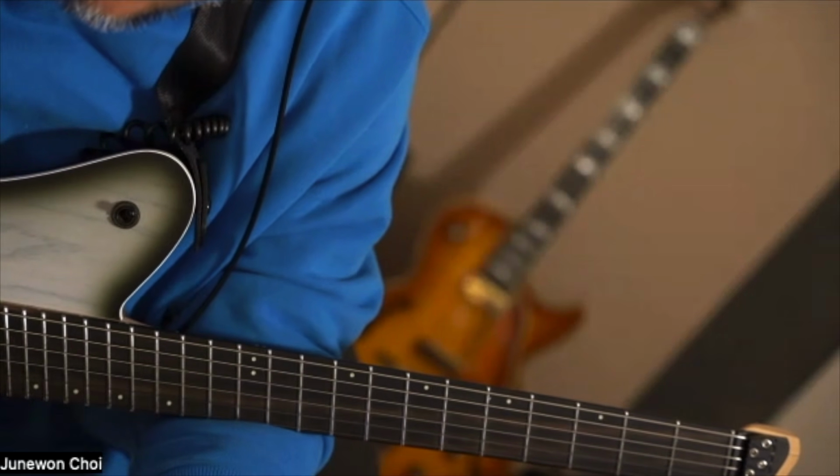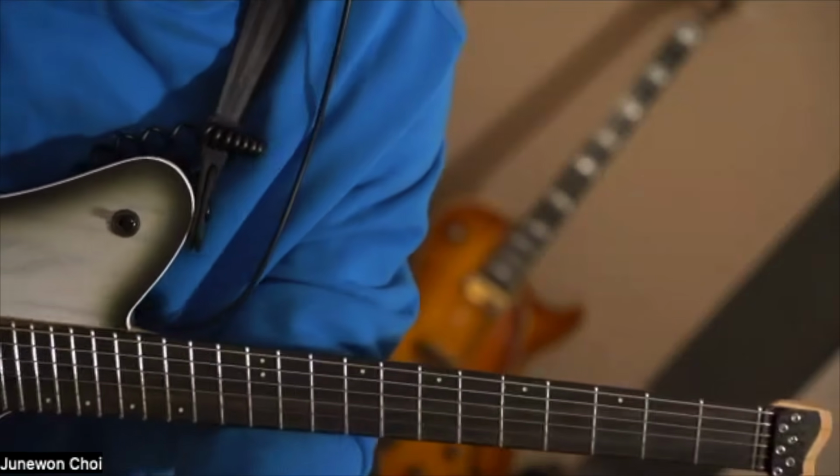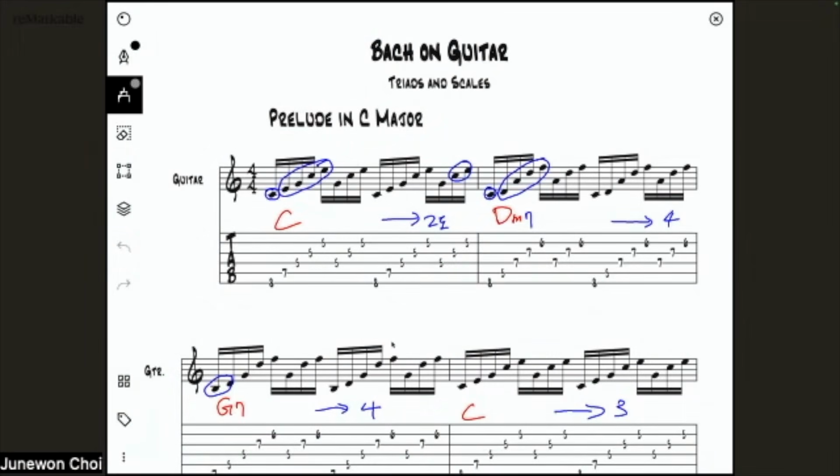Not even from the harmony part of music, but the contrapuntal part, Bach knows this cycle motion.